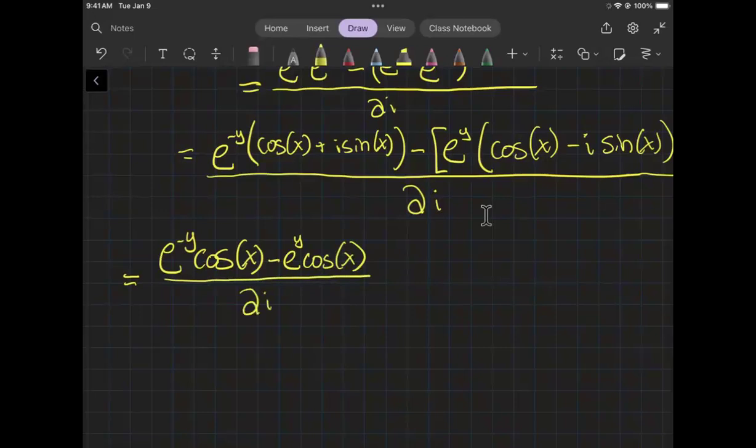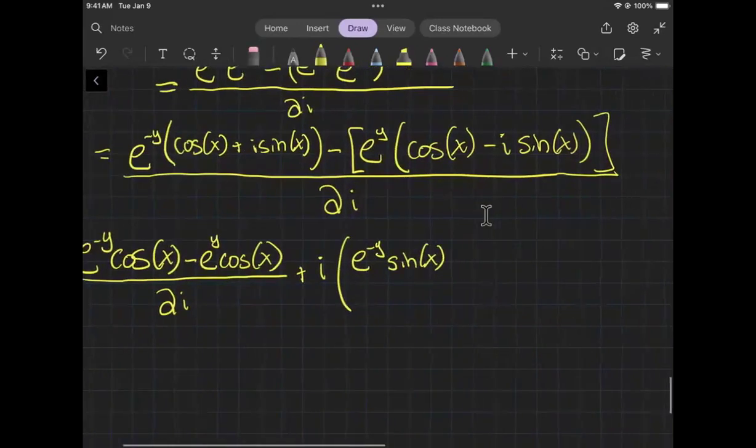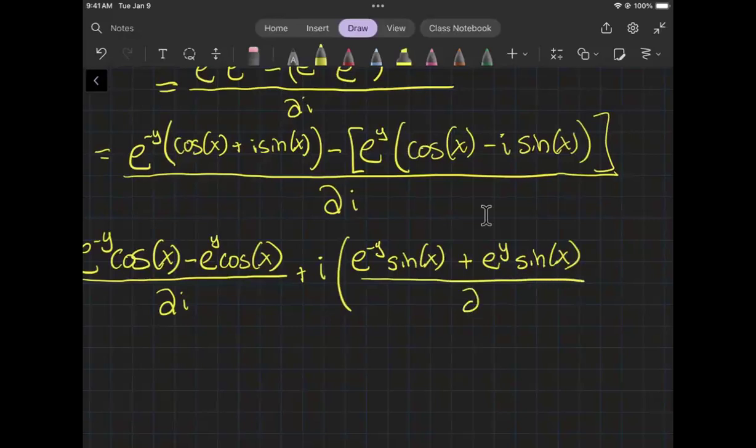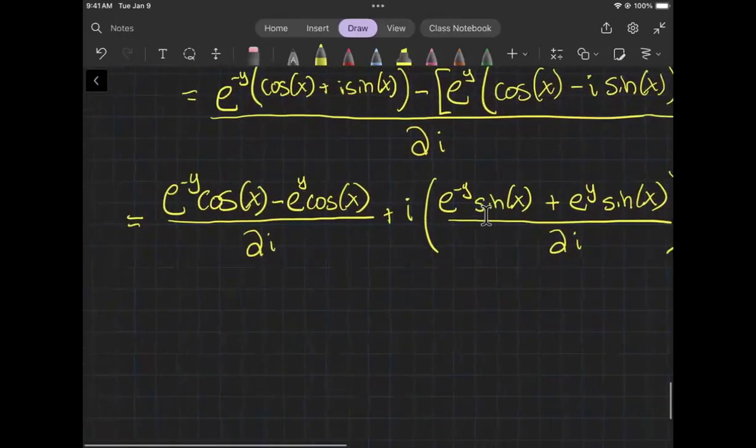And I'll have the imaginary components next, plus i times e to the minus y sine of x plus e to the y sine x, over 2i. It's the real and imaginary components together.